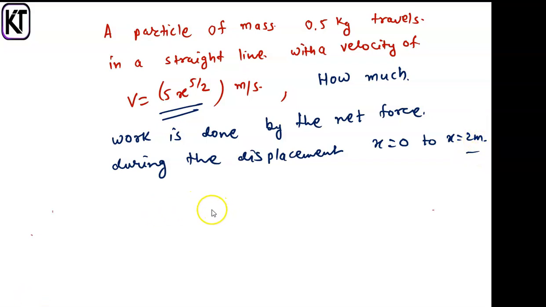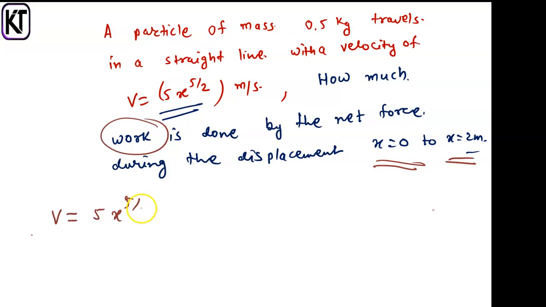That's the question. This particular method, what I am suggesting you is, see, we have to basically find out the work done. Work find करना है और अलग अलग displacements x equals 0, x equals 2 meter के लिए हमें ये given है. So velocity, it is clearly mentioned that the velocity is varying with displacement, isn't it? v equals 5 x to the power 5 by 2.